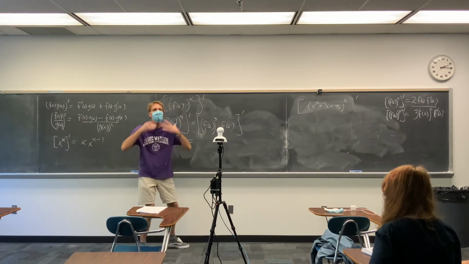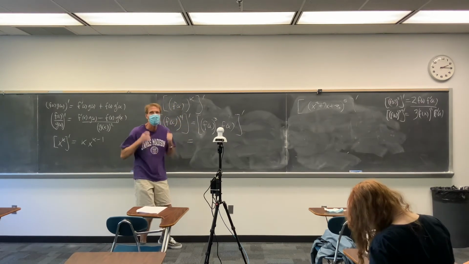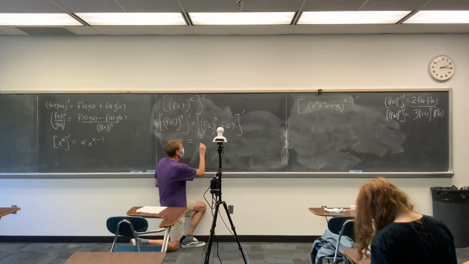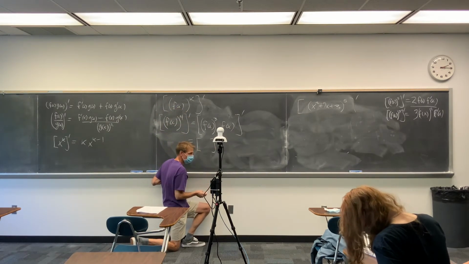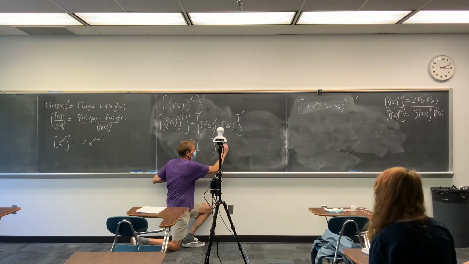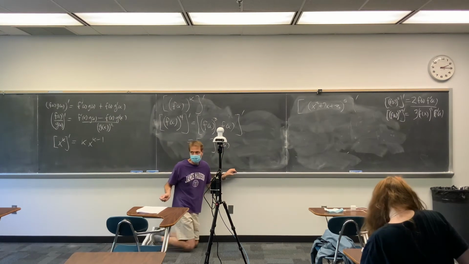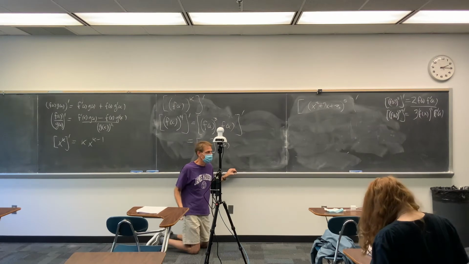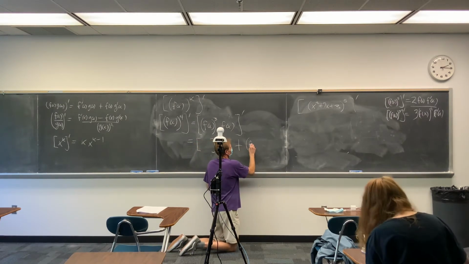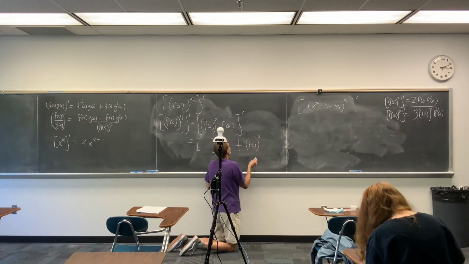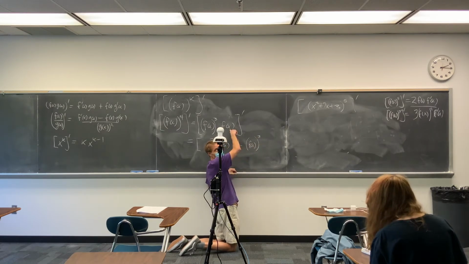I'm going to keep us moving. So it would be the derivative of the first times the second. What's the connection sign in this rule? Plus the first times the derivative of the second.